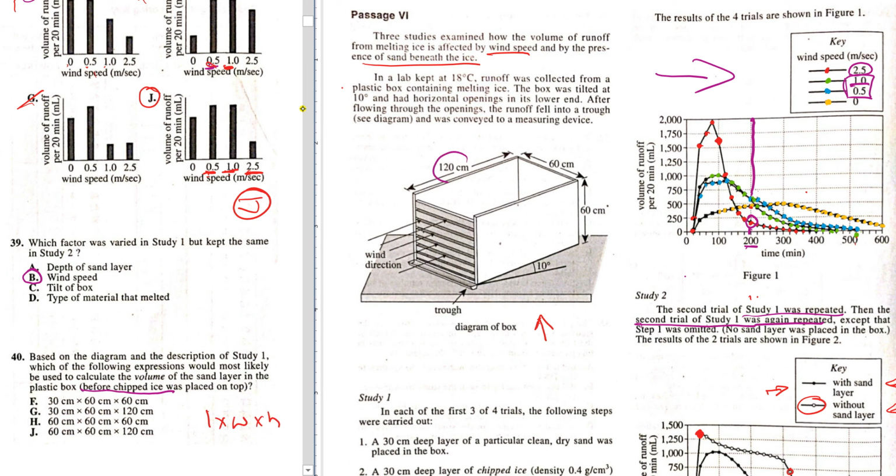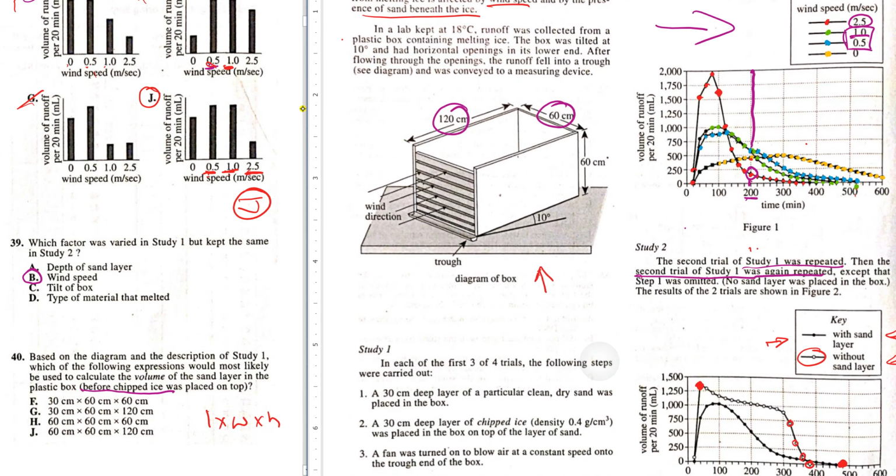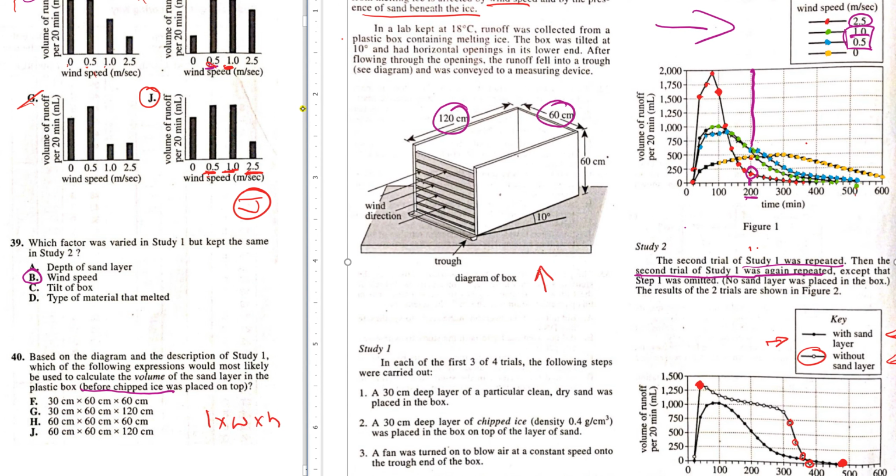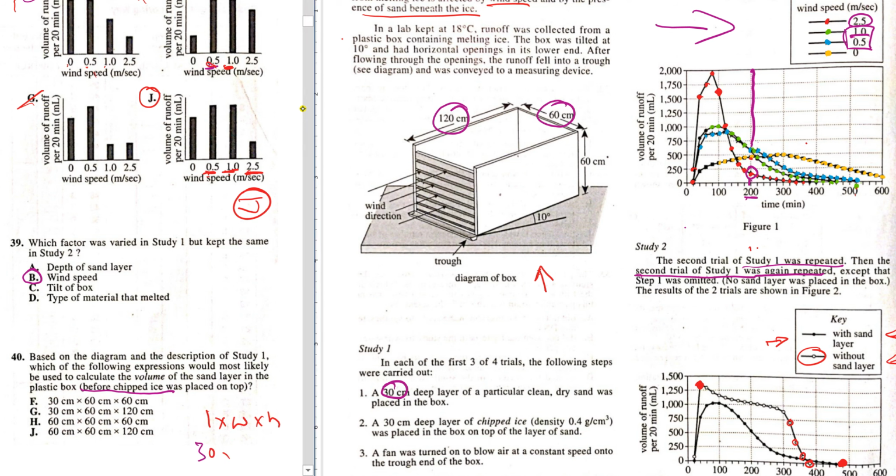We've got the length is 120, the width is 60, we just need the height. The height of the sand layer was 30 centimeters. So it will be 30 by 60 by 120. And that one is G. And that is that passage done.